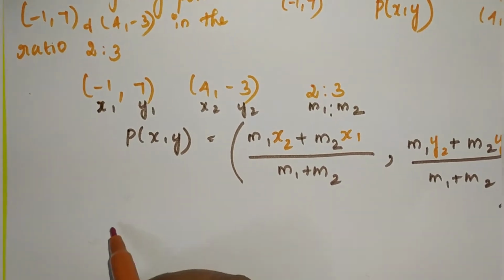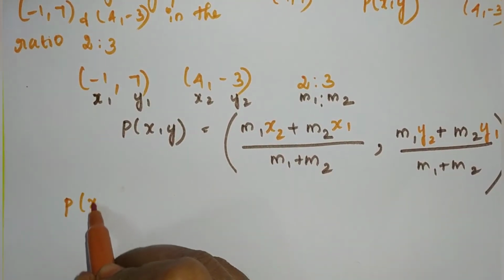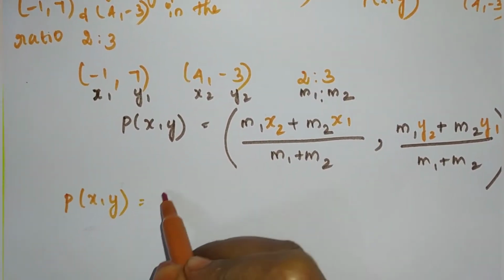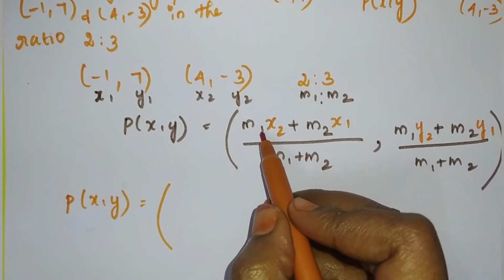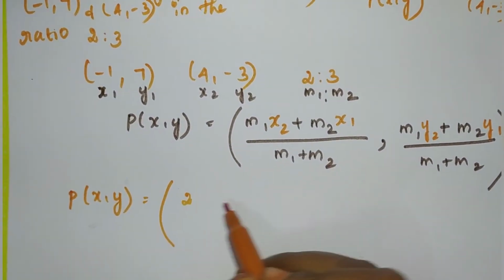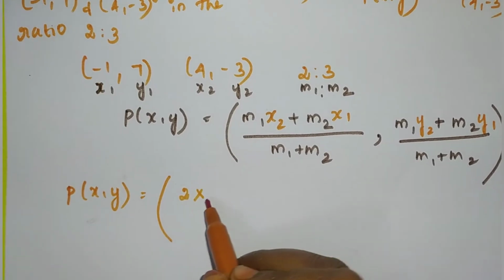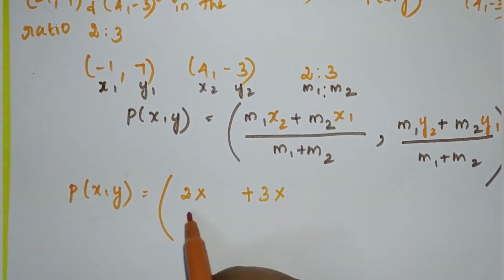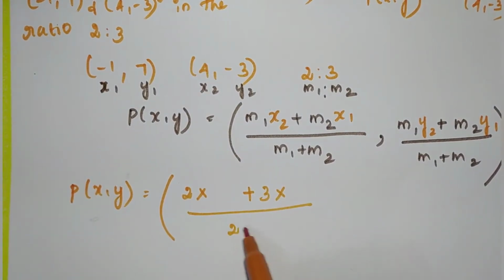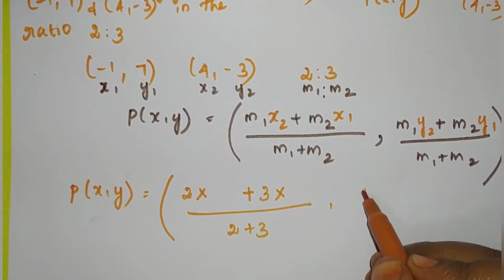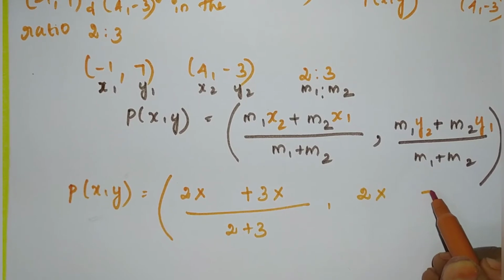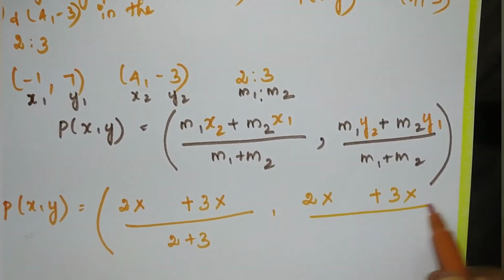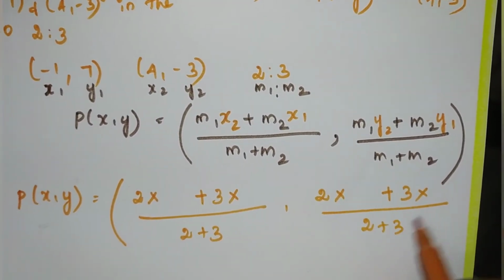So now I'm going to substitute. The point P of x, y is equal to, first m1 is 2 into, leave some space, plus 3 into, divided by 2 plus 3; 2 into, leave some space, plus 3 into, divided by 2 plus 3.